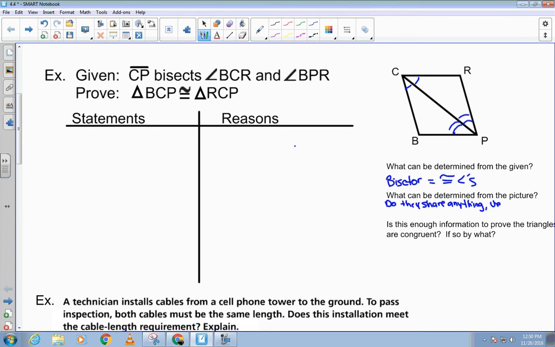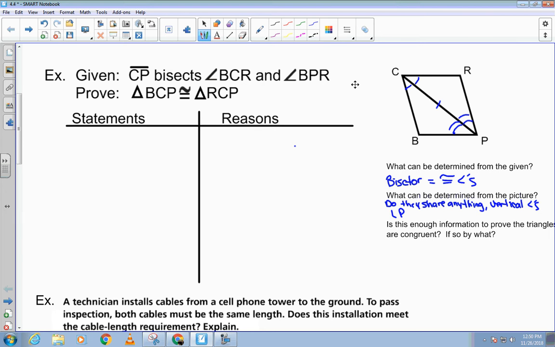You want to look for vertical angles. You want to look for linear pairs. And those are some things that you want to look for. Okay? So, what can you determine from the picture? Okay, CP is shared by both triangles. So it's congruent to itself.